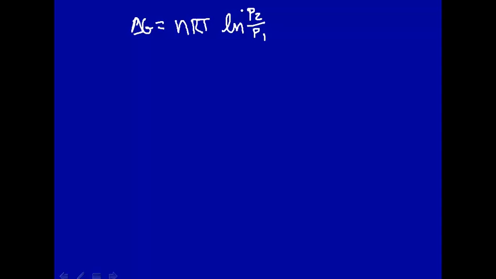Just to be explicit, this is G2 minus G1. So final pressure corresponds to G2, initial pressure corresponds to G1.